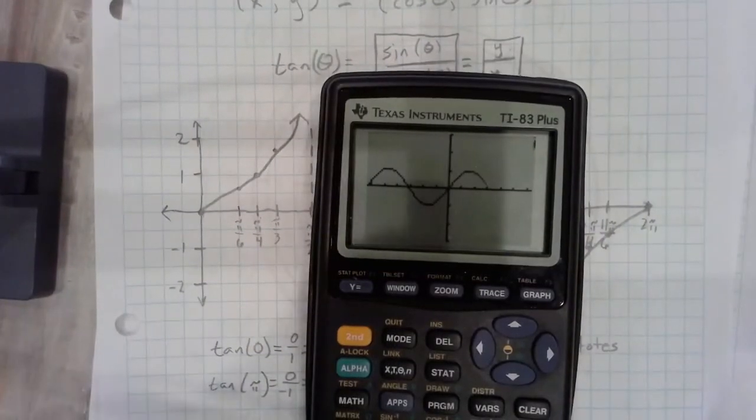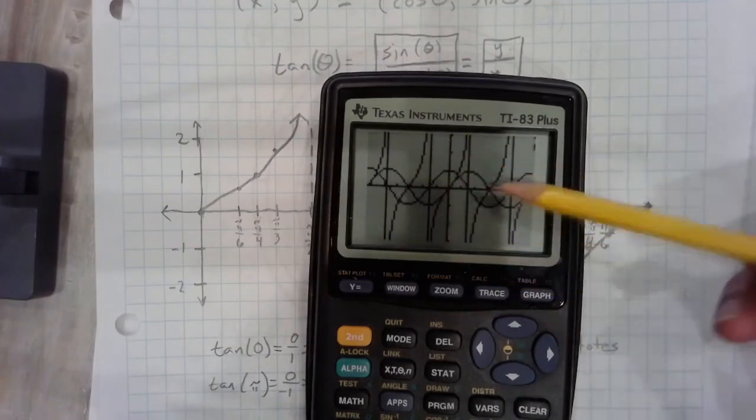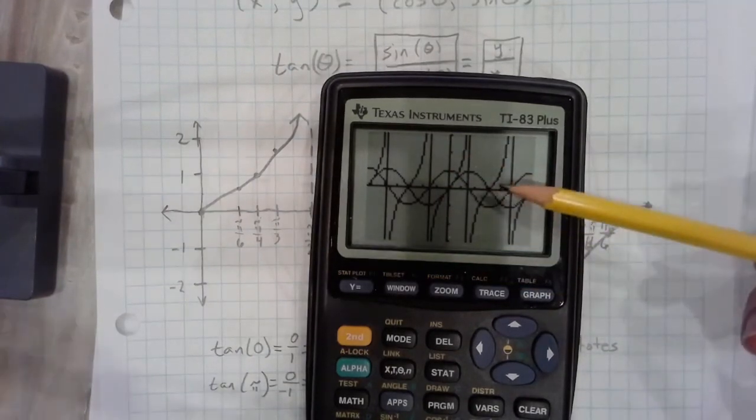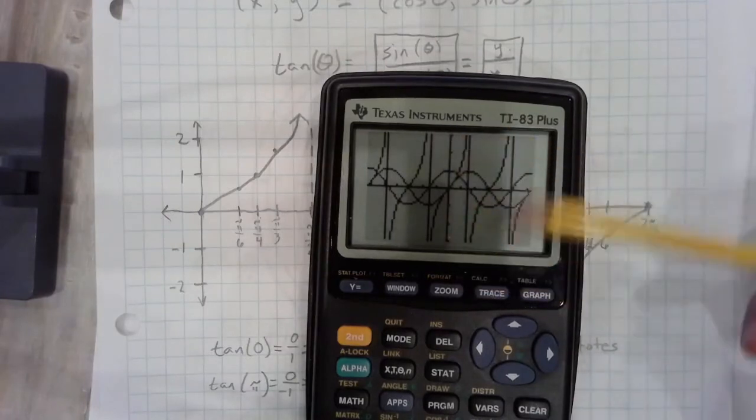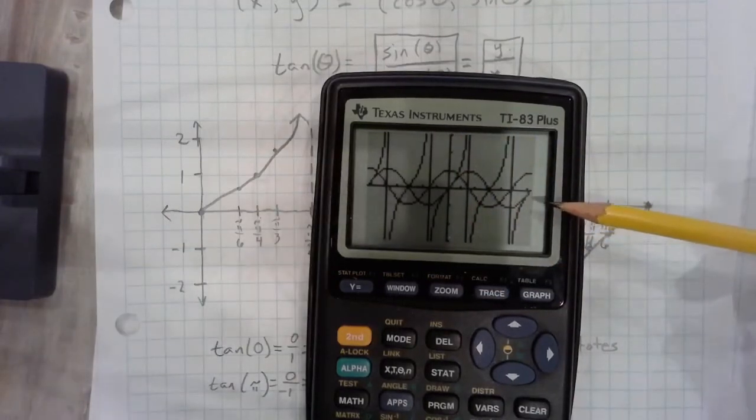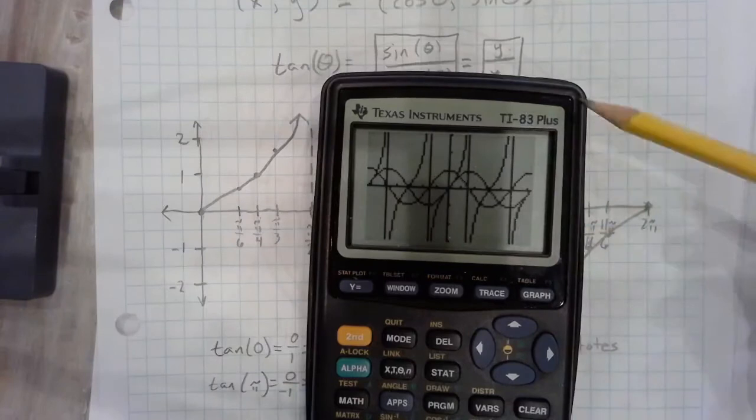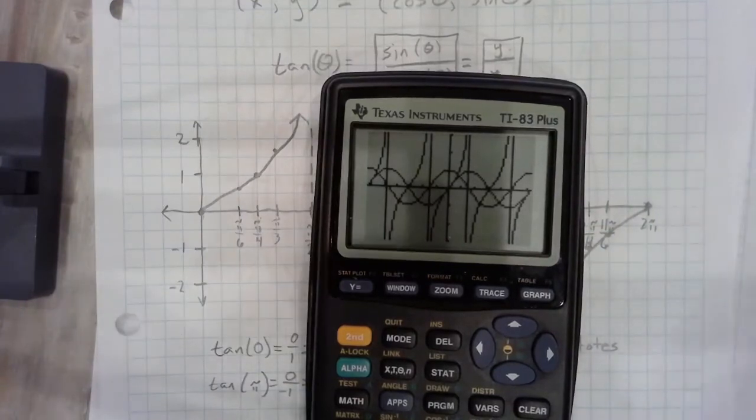There's sine. Here comes cosine. And here comes tangent. You'll notice the calculator, to show us the invisible lines, has to make them visible. But these straight up and down vertical lines are not actually part of the graph. Those are the parts that we're interested in. So that is sine, cosine, and tangent.